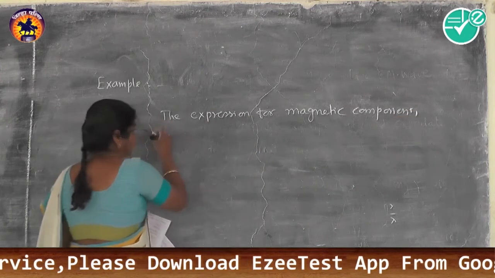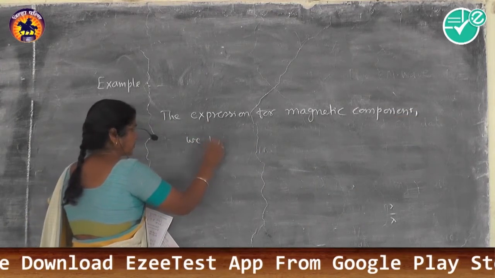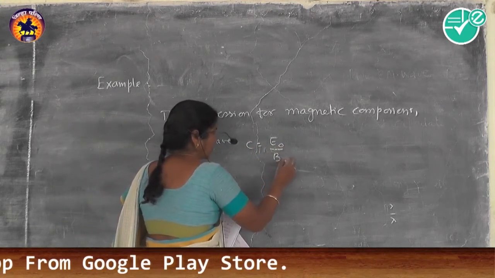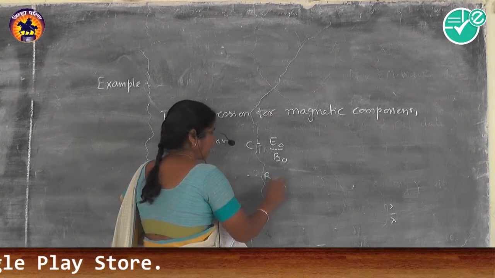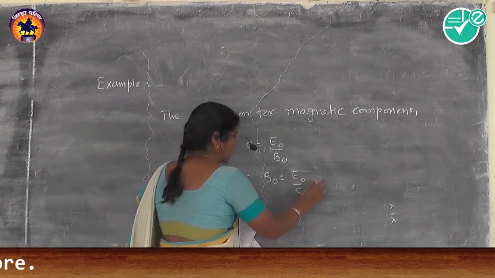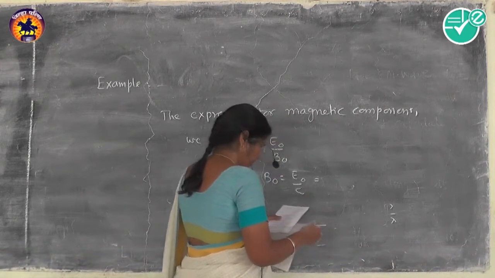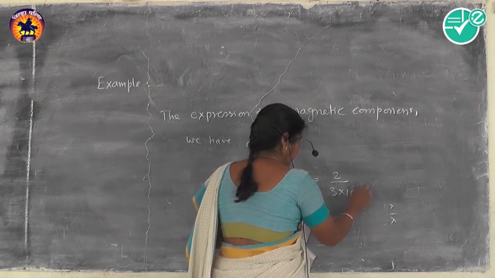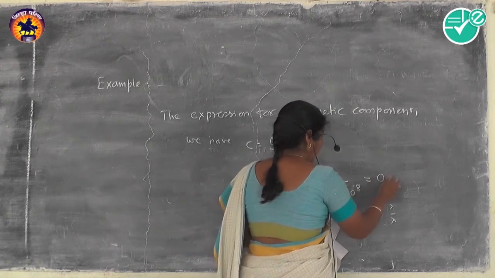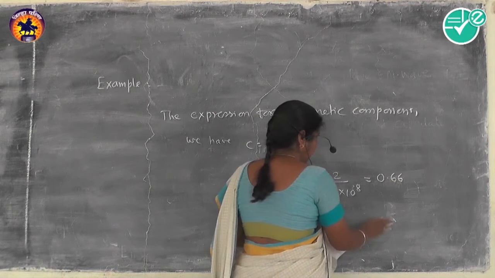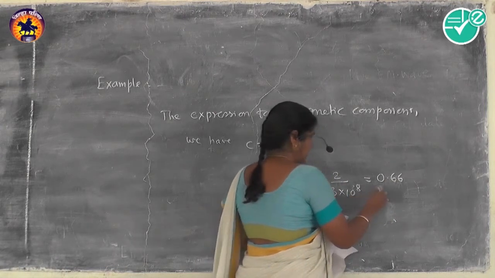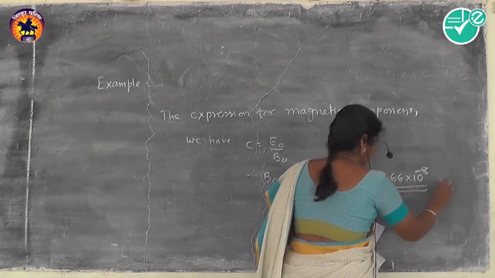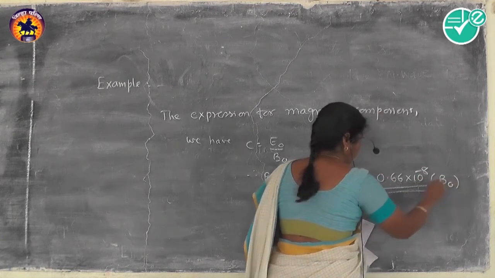For this expression we have C is equal to E0 upon B0. Therefore, B0 is equal to E0 upon C. E0 is given as 2 upon 3 into 10 raised to 8. So this is nothing but 0.66 into 10 to the power minus 8. This is the value of B0.